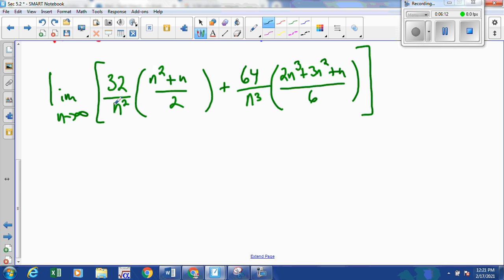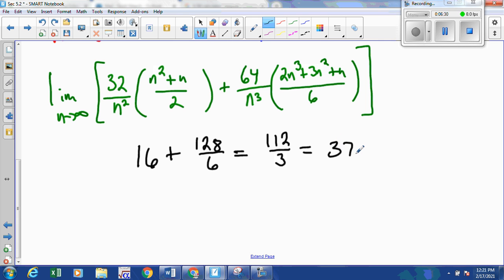Now, as n goes to infinity, this is 32 over 2, which is just 16, plus 64 times 2, which is 128 over 6. If I simplify that, it converts to the fraction 112 over 3, which gives me 37.333.